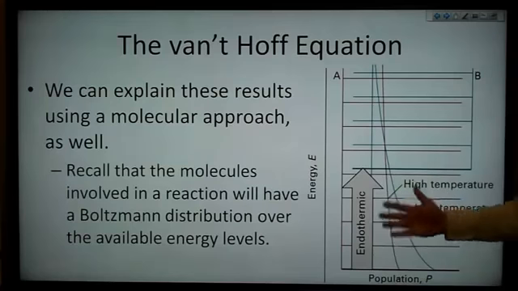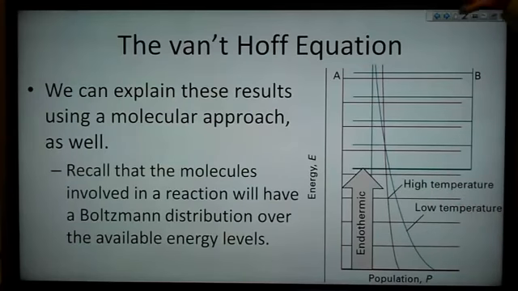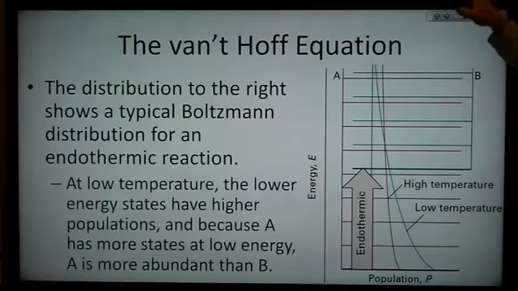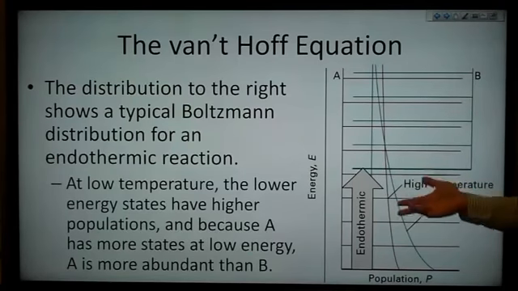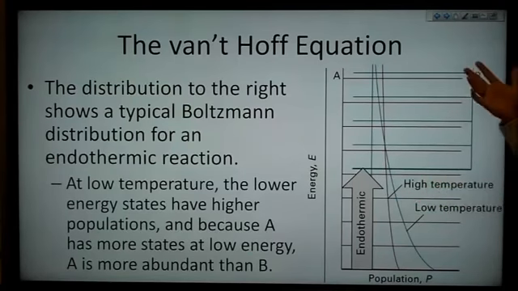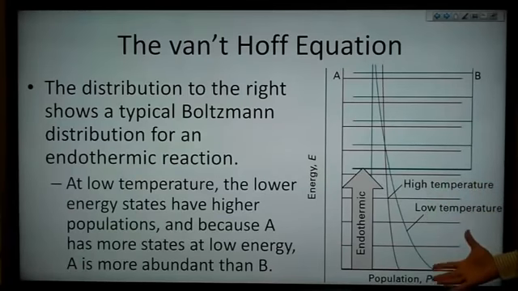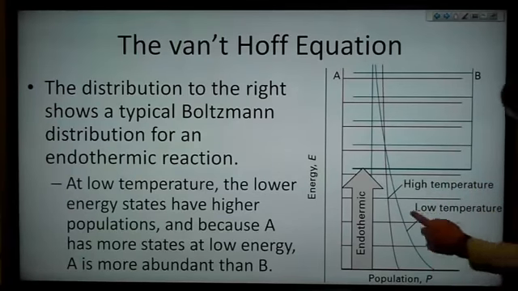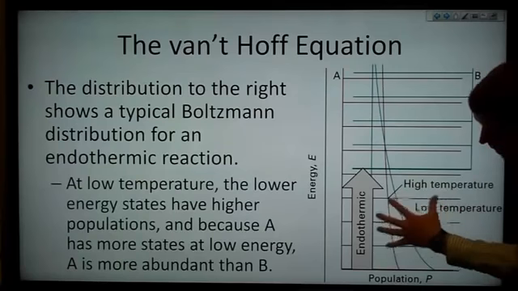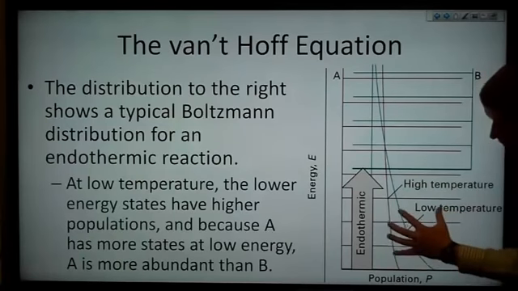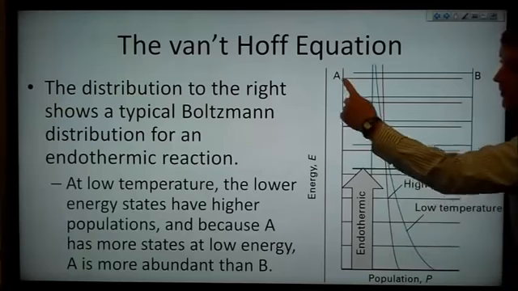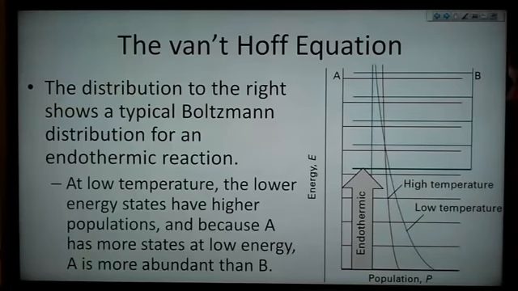So here we have an endothermic reaction at low temperature. Now our low energy states have higher populations, and that means that we have more of our molecules in our A states and fewer of our molecules in our B states.